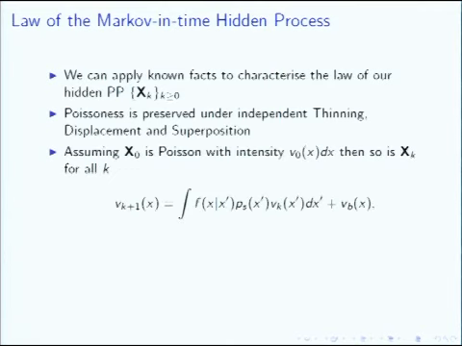So if you start off with a Poisson process for the initial distribution with intensity V0, then xk is Poisson for all time, and this is how its intensity evolves. The intensity at time k plus 1 is basically the old intensity thinned and displaced. That's what this integral is saying. And you add to that intensity the intensity of the process of new points.